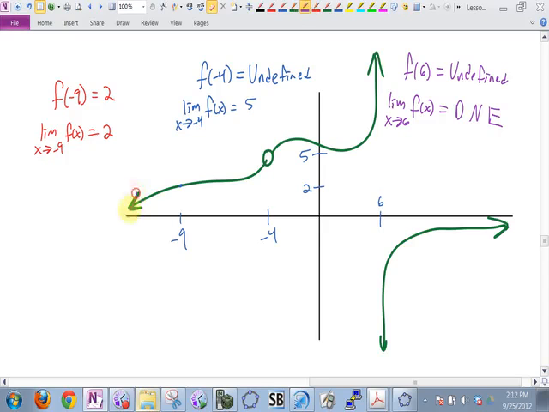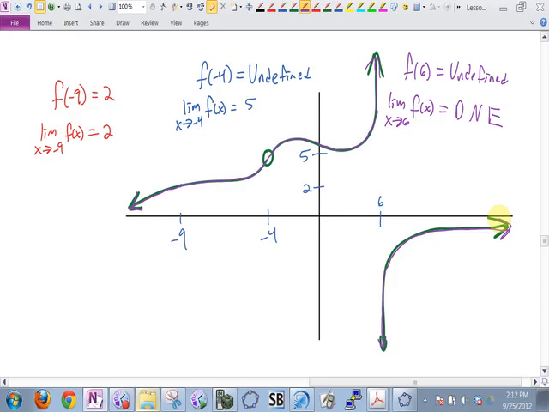And that new function looks like this. What is the only difference between the green function and the purple function? 1 point. There's only 1 point difference between the green function and the purple function.